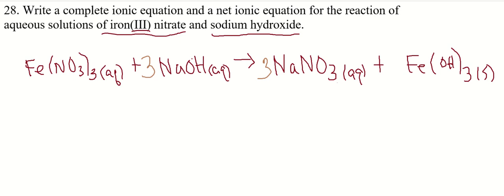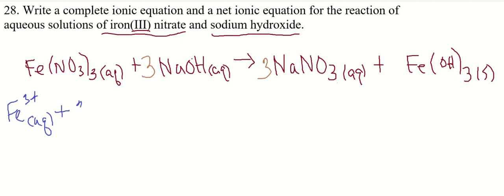All right, so now let's rewrite all the aqueous substances in dissociated free form. So iron, Fe, and that's a 3 positive cation in this case, and AQ.